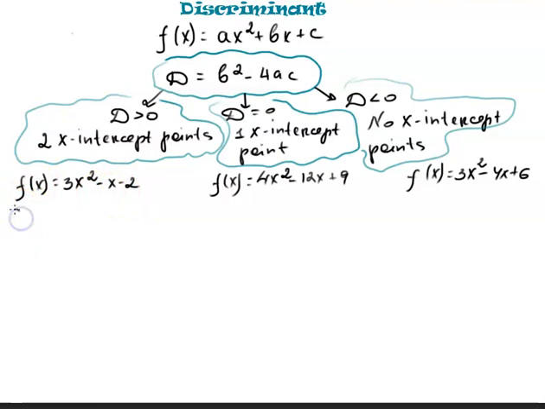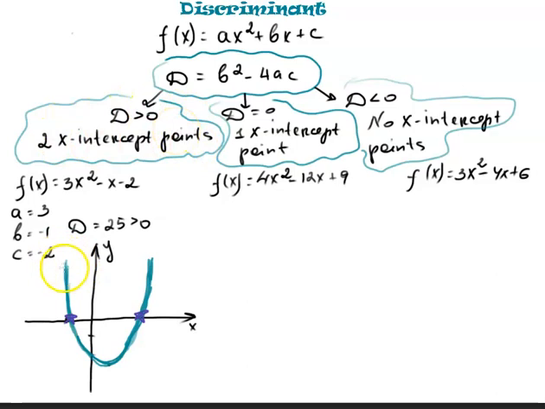The coefficients: I have a equals 3, b equals -1, c equals -2. We already plugged that into the formula for the discriminant and came up with the discriminant equals 25, which is greater than 0. So when the discriminant is greater than 0, we're expecting 2 x-intercept points.